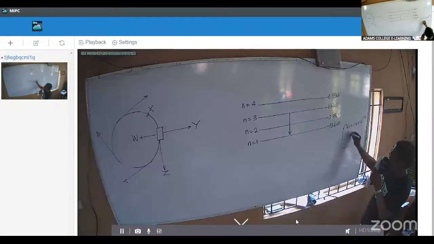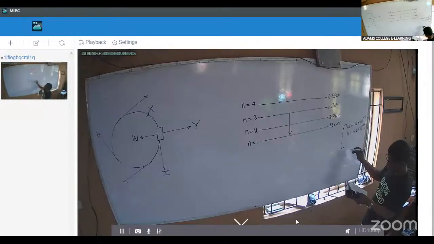Then h equals 6.6 times 10 to the power minus 34 joule seconds. Then c equals 3.0 times 10 to the power 8 meters per second.